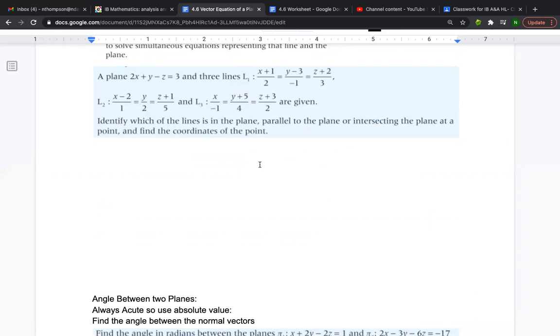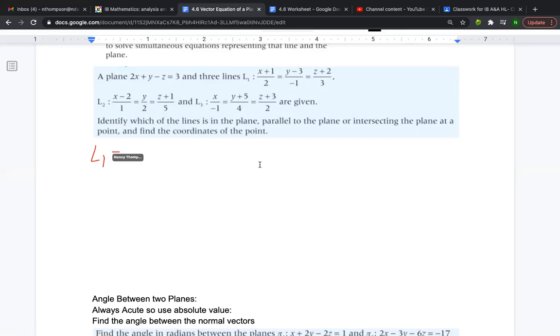We have the first one. The steps are going to be the same for each one in this particular case. Step 1 is going to be rewriting it in parametric form, and step 2 is going to be plugging it into the plane. So let's start with the first line.